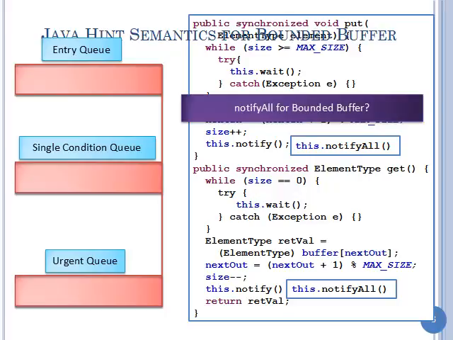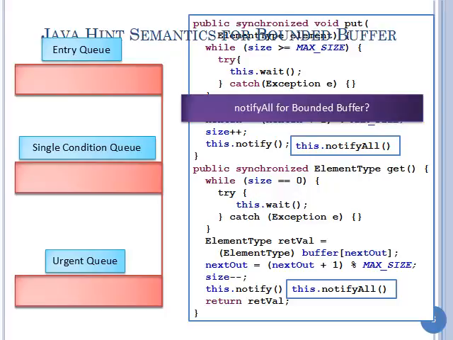Since we have this broadcast semantics, we just wake up everybody, and whoever finds the condition true goes in. It doesn't matter whether we have multiple condition queues or not. But then the question becomes, do we really need notifyAll here? I could just go back to notify and that will work.